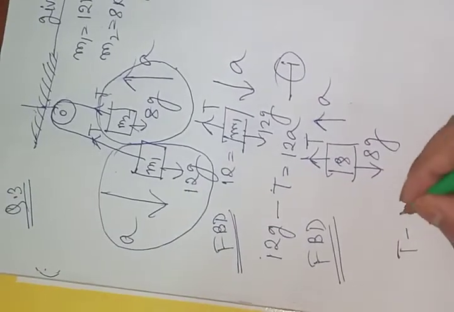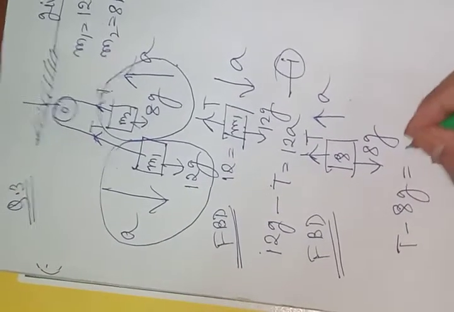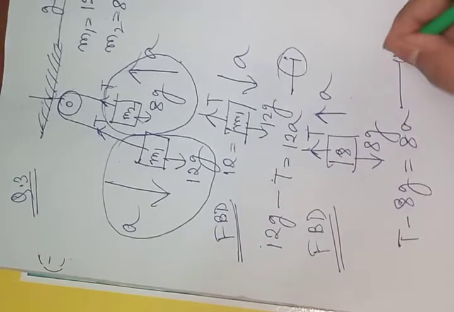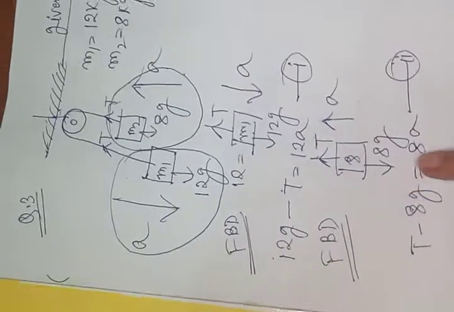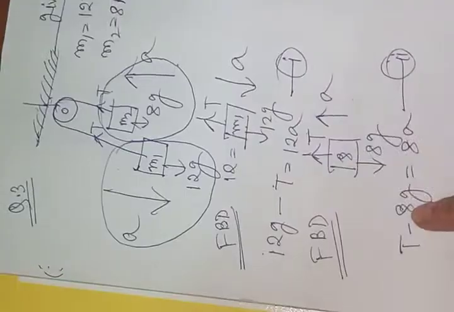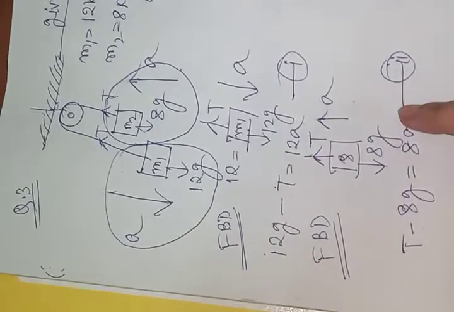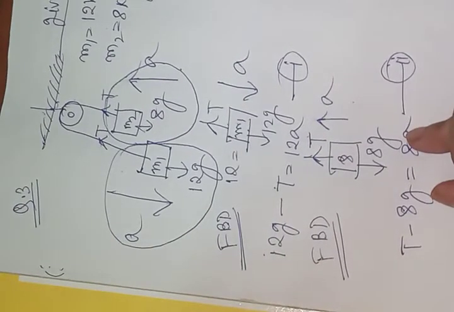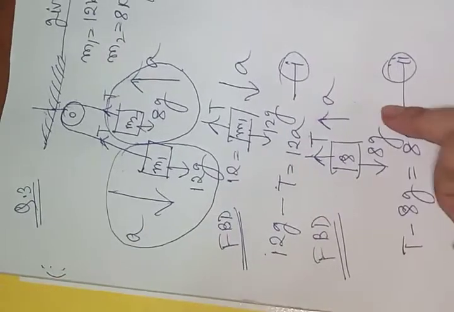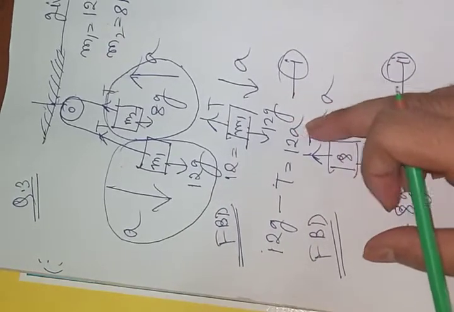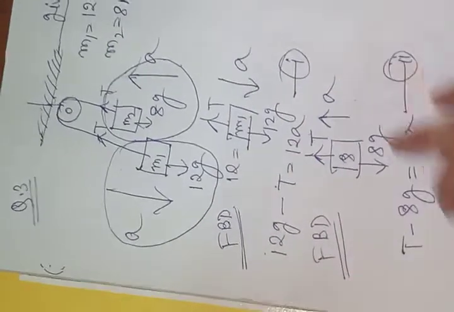So T minus 8g equals 8a. Now guys, solve these equations. Just add them, get the value of acceleration a, then put it in either equation to obtain the tension. I'm leaving this for you to calculate.